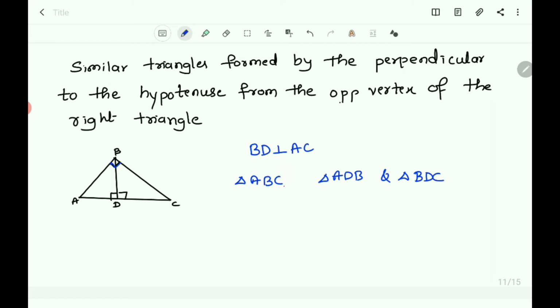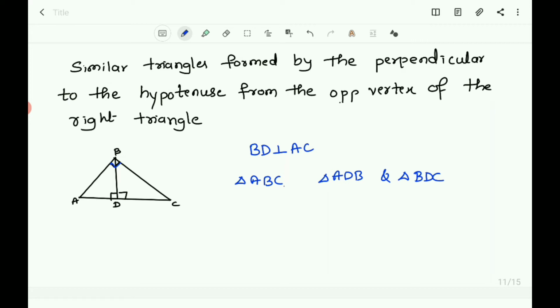Here the statement says that if a perpendicular is drawn from the vertex of the right angle of a right triangle to the hypotenuse, then triangles on both the sides of the perpendicular are similar to the whole triangle and to each other.